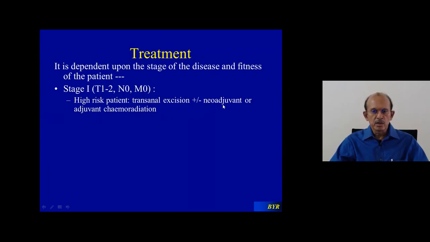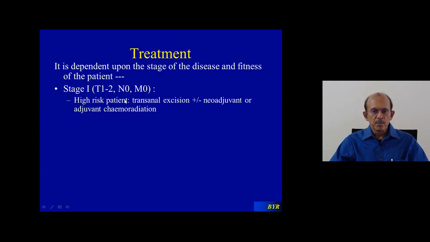I hope you understood these words. Neoadjuvant means preoperative administration of chemoradiation. That means chemotherapy and radiation combined. By this, what will happen? There will be downstaging and downgrading of the tumor.